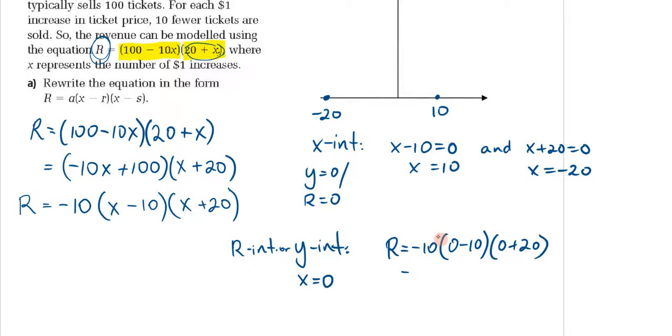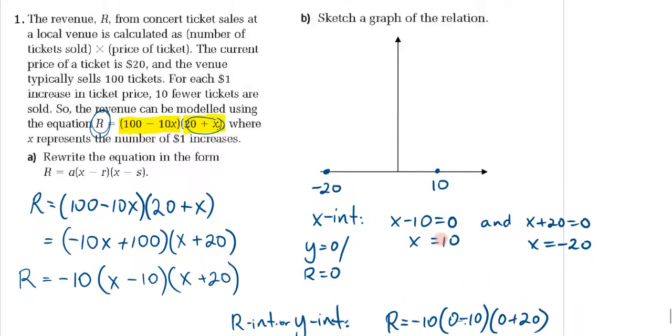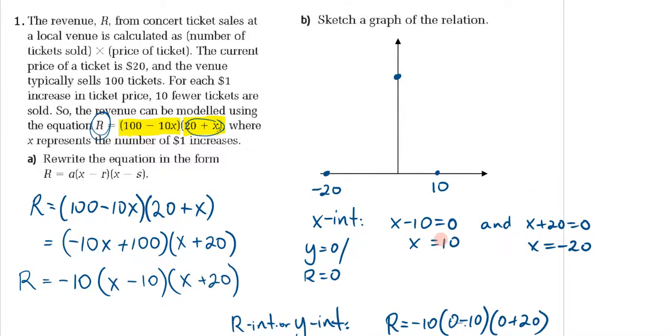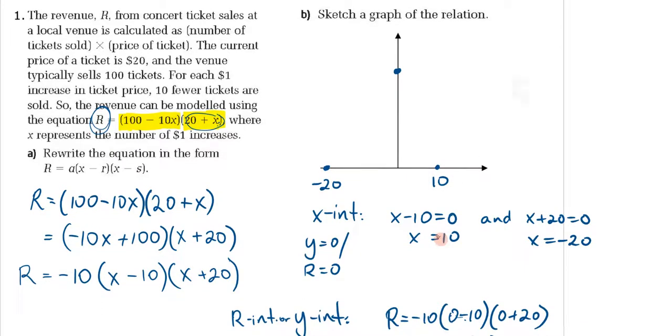And so that would be equal negative 10 times negative 10, 0 minus 10 is negative 10, so that'll give me positive 100 multiplied by 0 plus 20 is 20, and 100 times 20 is 2,000. So I have a y-intercept of 2,000. Let's put that point up here. Okay, and so we're going to say that's 2,000.